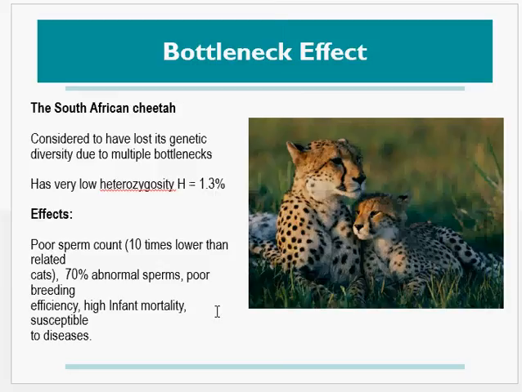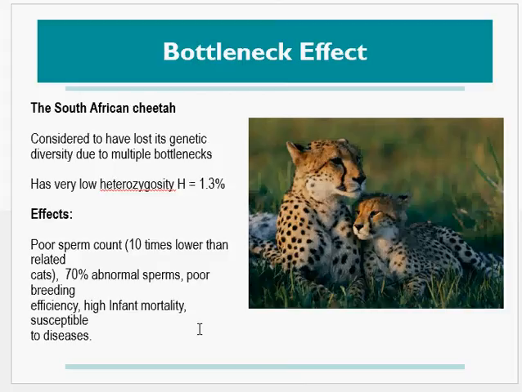Okay? It also means that cheetahs are very susceptible to diseases. So if there is a disease which infects a cheetah population, every single individual within the population is usually susceptible to that disease. And that can be very problematic. If a disease gets into the population, it can wipe out a population.